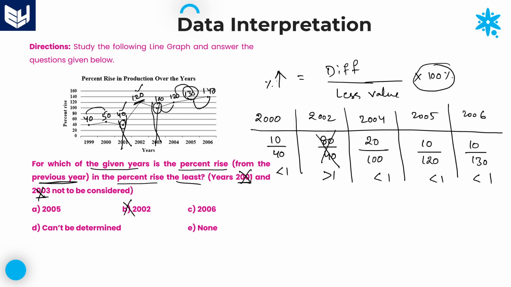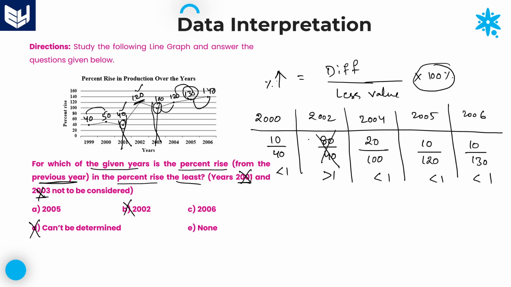If you wanted the highest value, your answer would be 2002. But you want the lowest value, therefore your answer is not 2002. You can eliminate 2002, and "cannot be determined" is also not your answer. Now your answer is one of 2000, 2004, 2005, 2006.